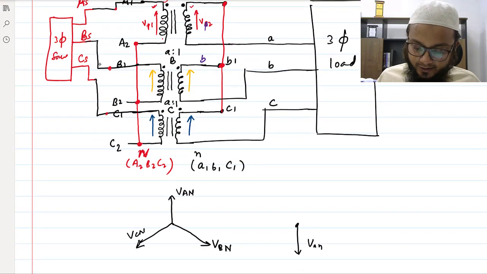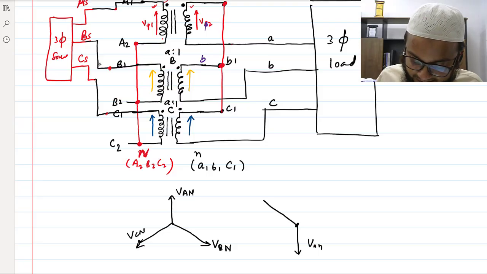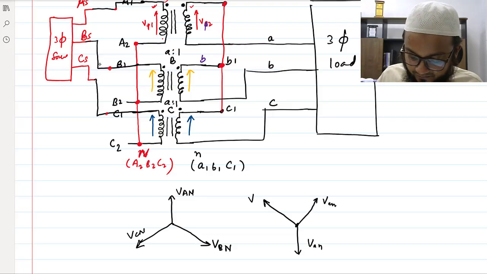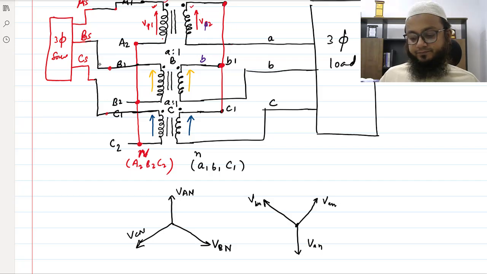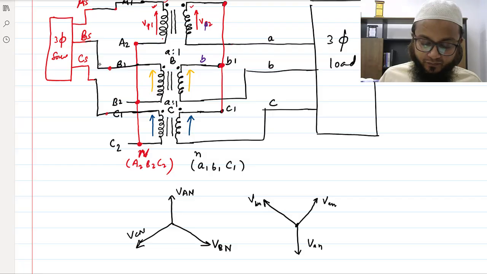B1 would be in this direction, opposite to this, and CN would be in this direction, VCN and VPN. So if you see the relative angle between these two, of the primary and the secondary, similarly it will go with the line voltages as well.